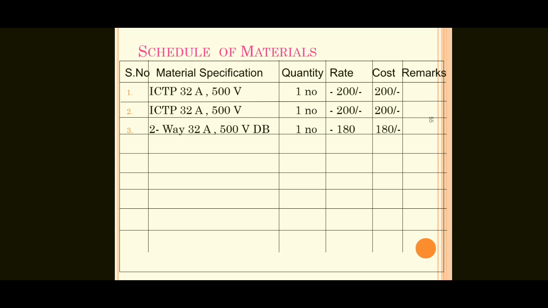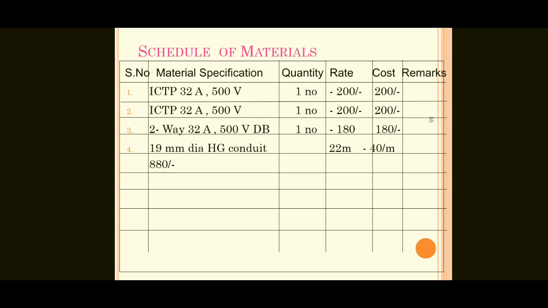Two-way 32 amps, 500 volt DB, one number, 180 rupees. So the total cost becomes 180 rupees. Fourth one, 19 mm diameter HG conduit, 880 rupees. So 22 meters are required.